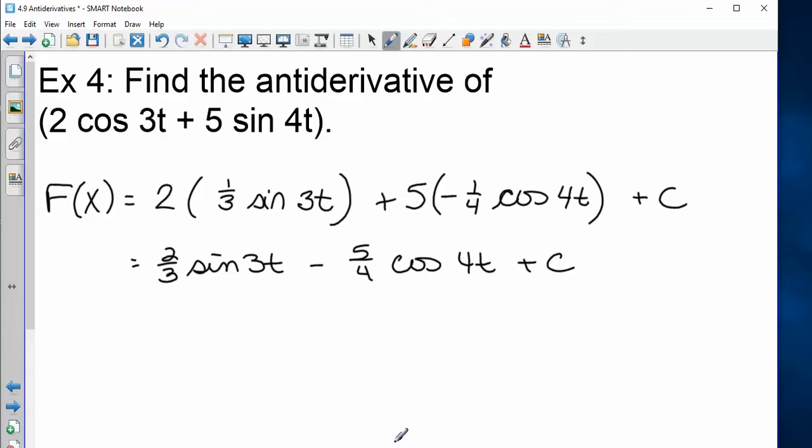So 2/3 sine of 3t minus 5/4 cosine of 4t plus c.